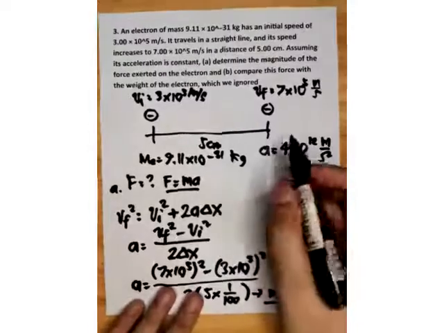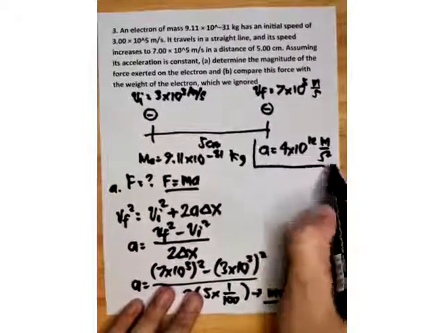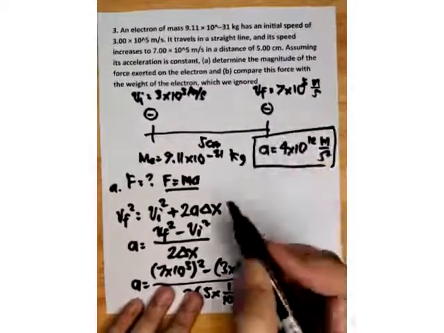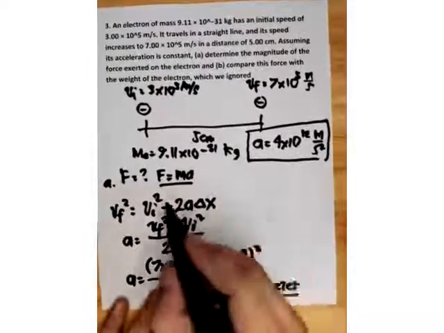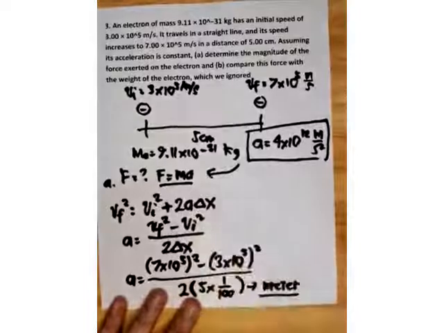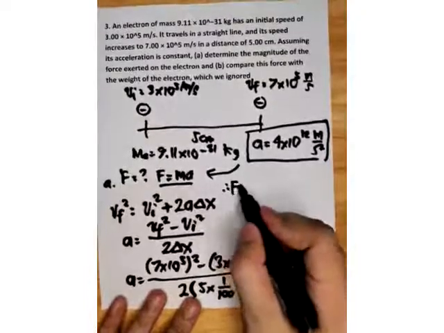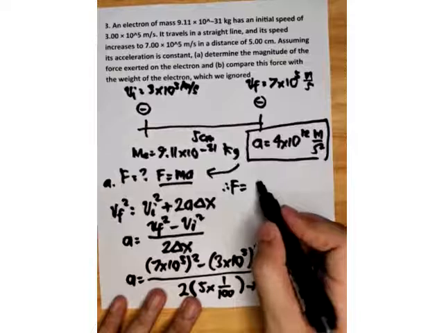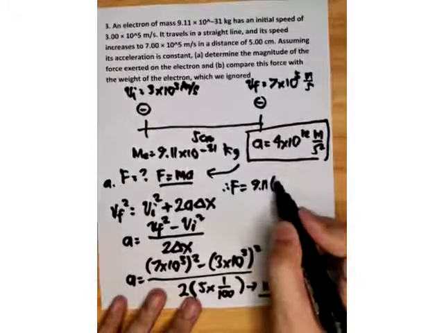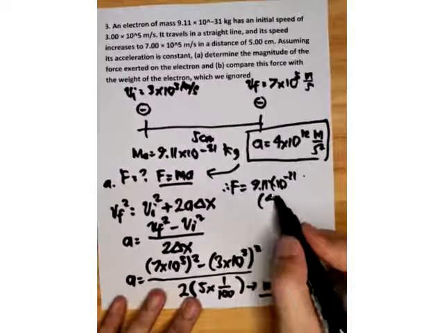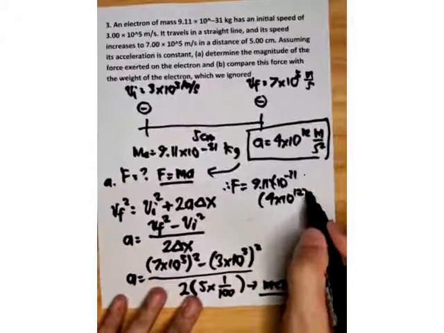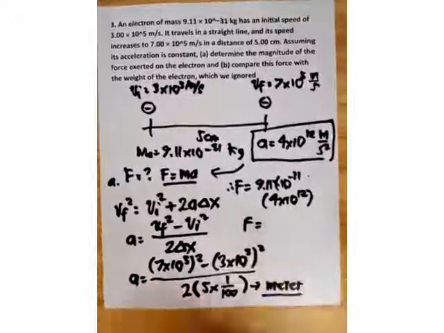Okay. So yan ang ating acceleration. Okay. Next. Di pa tapos. So, i-apply na natin yan sa ating formula. So, therefore, the force is equal to 9.11 times 10 raised to negative 31 times 4 times 10 raised to 12. So, what's our force?